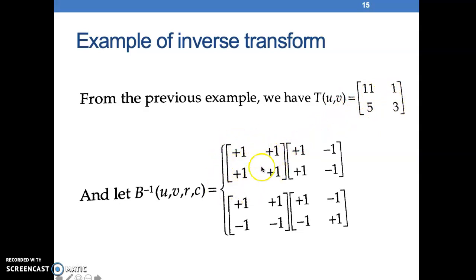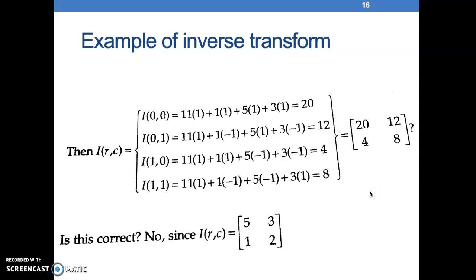So the addition, the inner product of the first T(0,0), will be the first of I(r,c) at 0,0, which is 20.